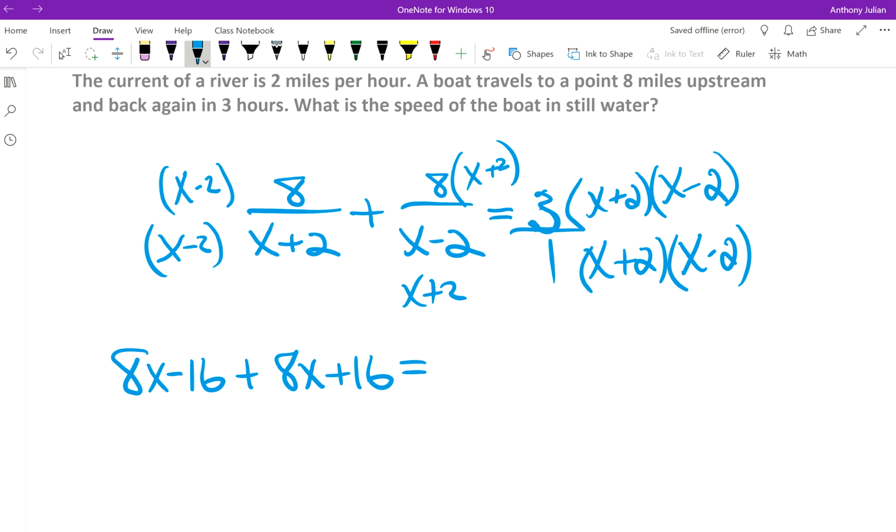If I multiply x plus 2 times x minus 2, that's x squared minus 2x plus 2x minus 4. I've got a negative 2x plus a 2x, so those cancel out, and I'm just left with 3 times x squared minus 4. These are gone now, right? I just got x squared minus 4. And then let's distribute that. That'll give me 3 times x squared is 3x squared minus 12.